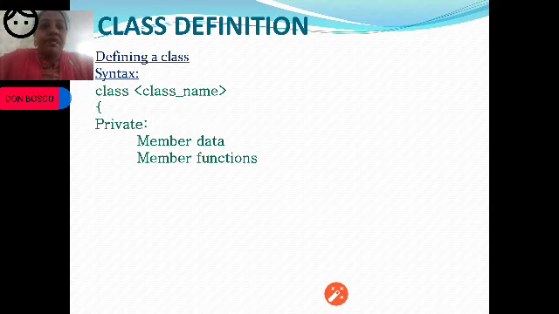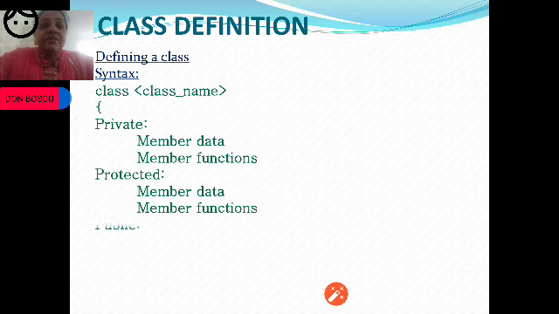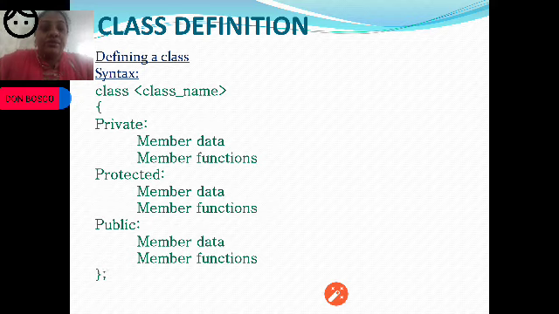So in C++, a class is defined by the class name. Before the class name, we will be using the keyword class, then followed by an opening brace, followed by three sections: private members, then protected members, and public members, and then a closing brace followed by a semicolon.